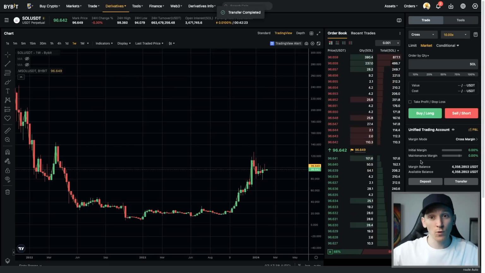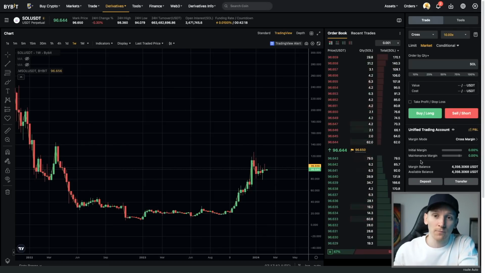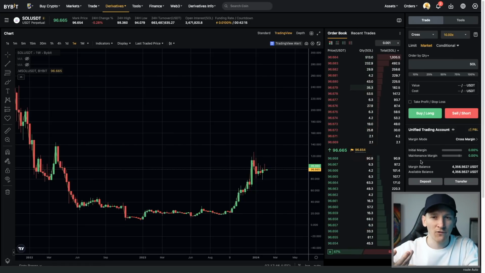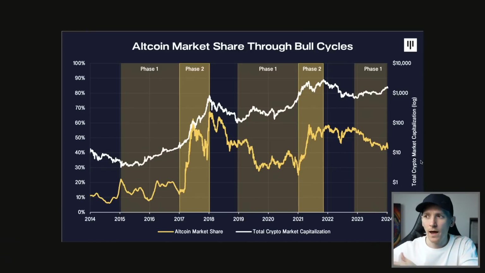Now, of course, this is more risky than trading BTC and just going long or short BTC. But because you're trading a delta here, as long as you're in the right phase, we have a pretty good risk-reward ratio of getting this trade right, because we've seen how these move. So even though Bitcoin may be losing a bit of value or maybe going sideways, we know that the risk-reward here is pretty good, that altcoins are going to bleed against it.